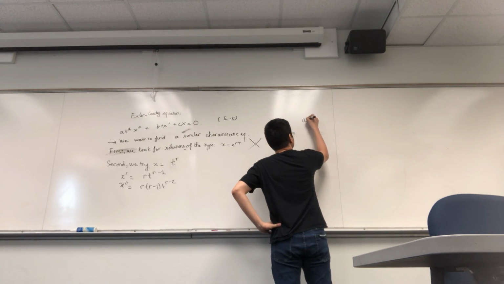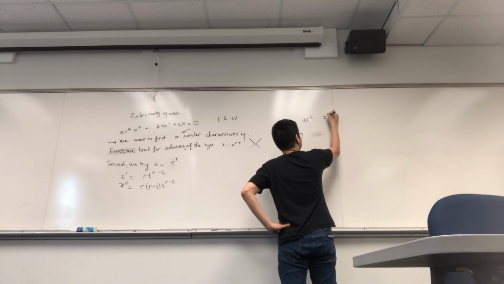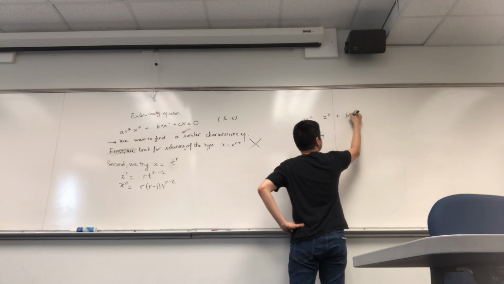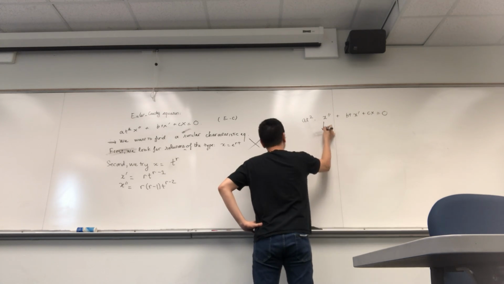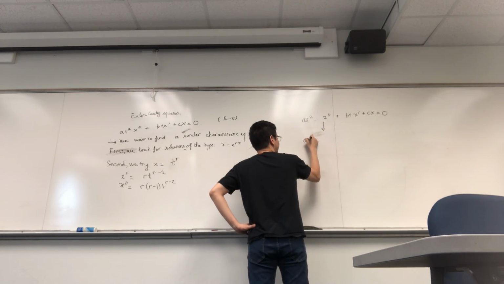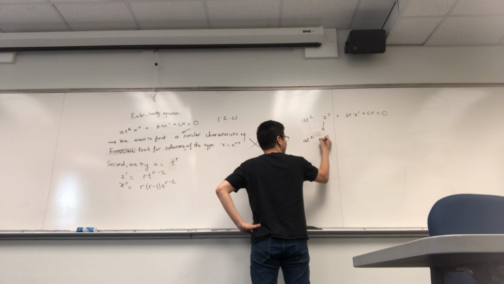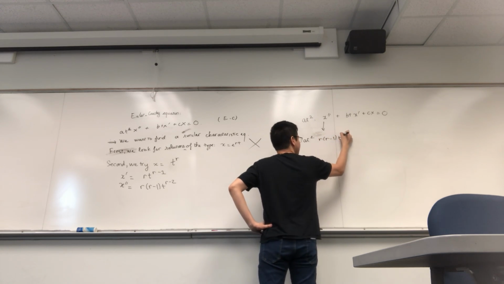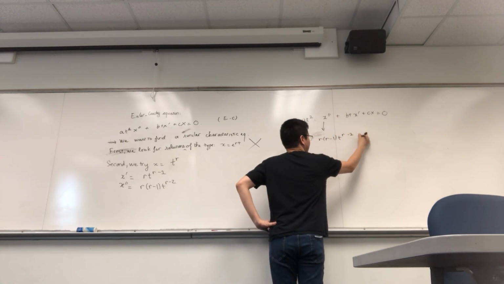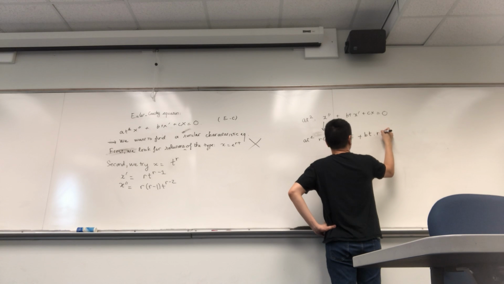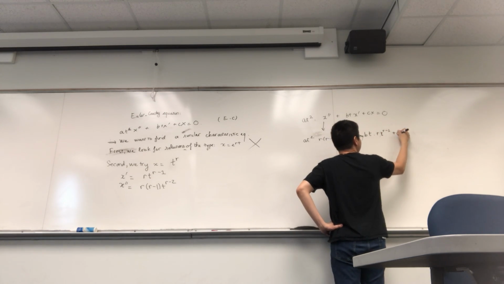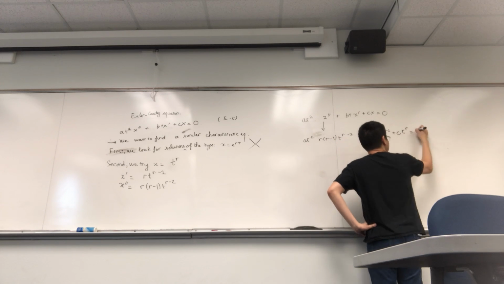So you have a t squared x second plus b t x prime plus c x equals 0. So this one I'm going to replace by a t squared r times r minus 1 t to the r minus 2, plus b t r t to the r minus 1, plus c t to the r is 0.